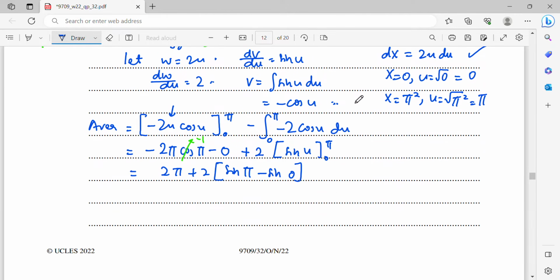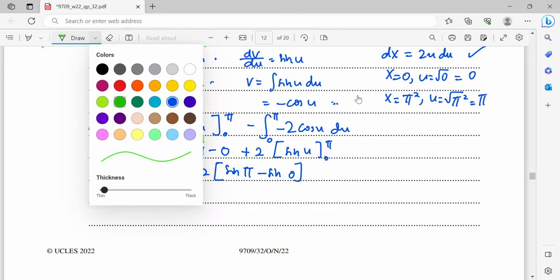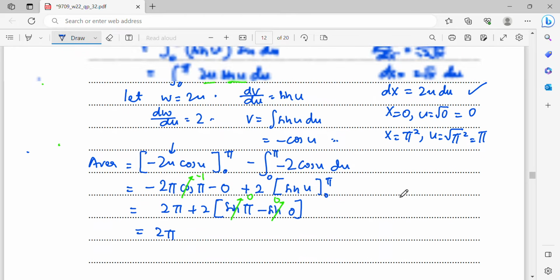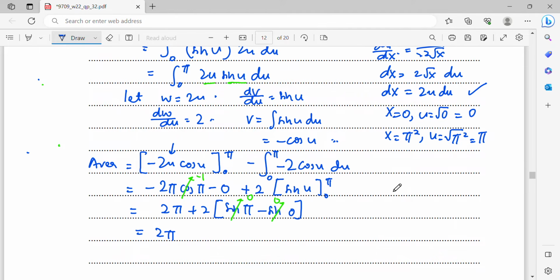For your information, sin pi is 0, and sin 0 is also 0. Which means the final answer is 2 pi. Okay, that is how we solve the area of the shaded region. So we applied two methods here.